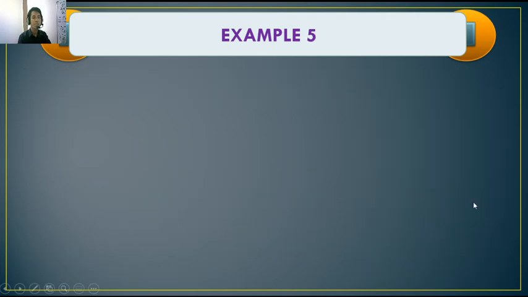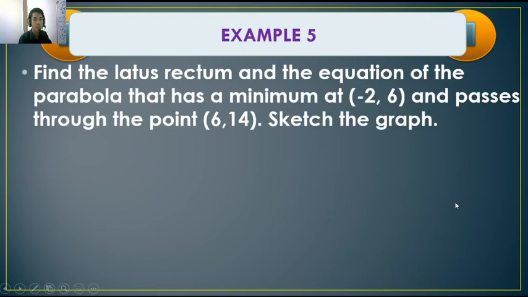Now let us proceed to example number 5. Find the latus rectum and the equation of the parabola that has a minimum at (negative 2, 6) and passes through the point (6, 14).